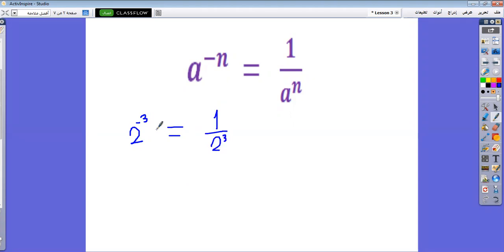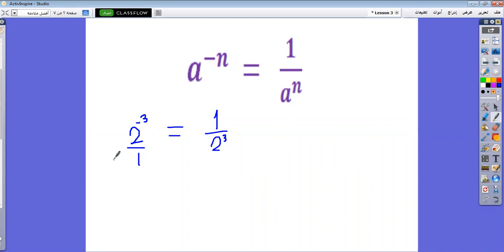So we should turn the negative power into a positive power by getting the reciprocal, or the multiplicative inverse. It's 2 power negative 3 over 1. If you want the power to be positive, it will be 1 over 2 power 3.